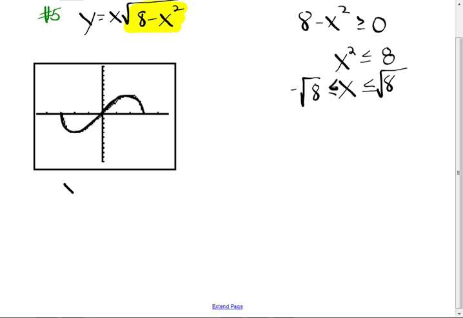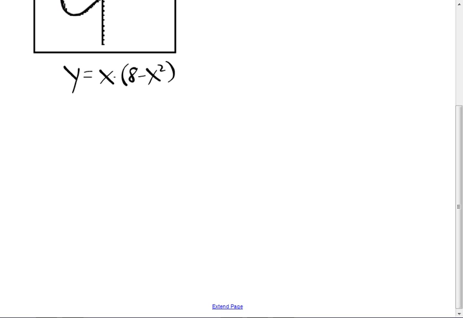Okay, you guys, take the derivative. I'm recopying. Have you taken the derivative? How do I do this? Take the derivative. So how do you find y prime? It's the first times the derivative of the second.